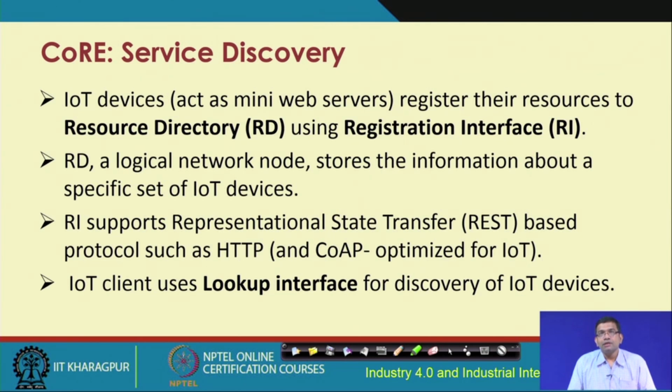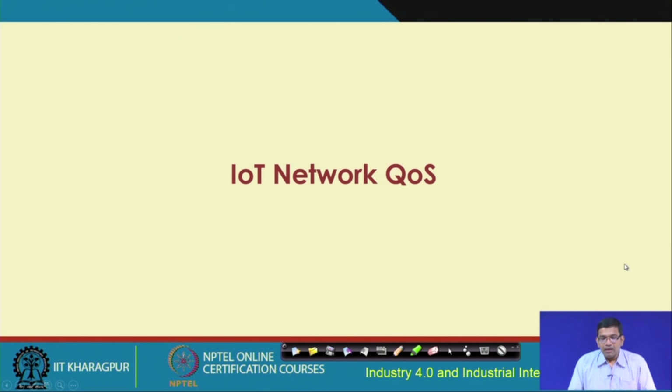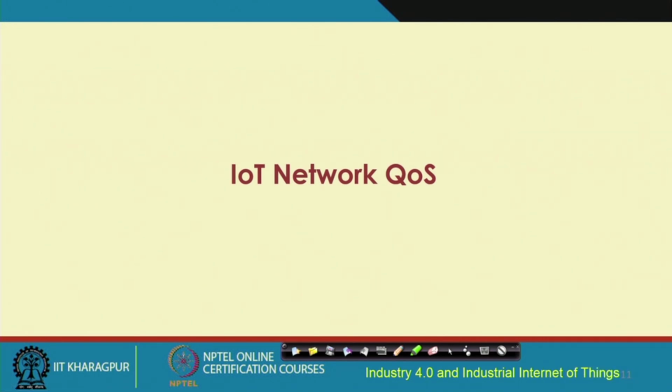So, IoT client uses the Lookup interface for discovery of IoT devices. Now, everything is fine, network has been built, but then whether the network is able to offer the quality of service guarantees or at least some acceptable levels of quality of service.